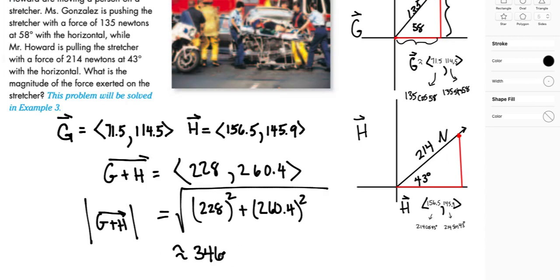So we get that the net force on the stretcher in this situation is about 346 newtons. All right, hopefully that made sense, guys. Let's go ahead and look at our last example.